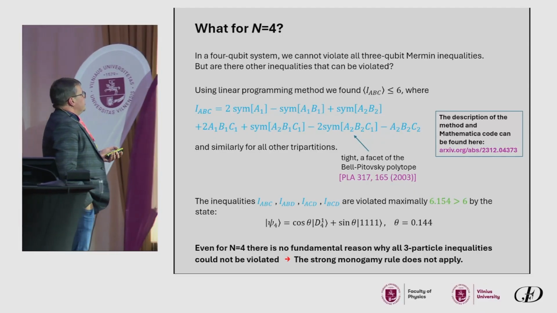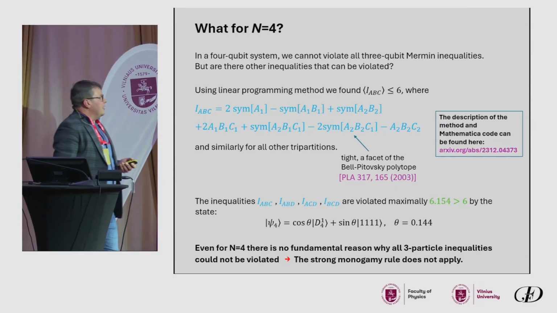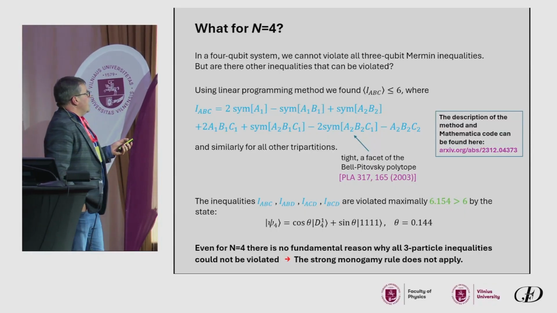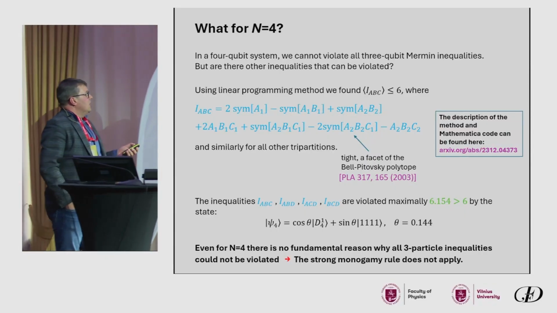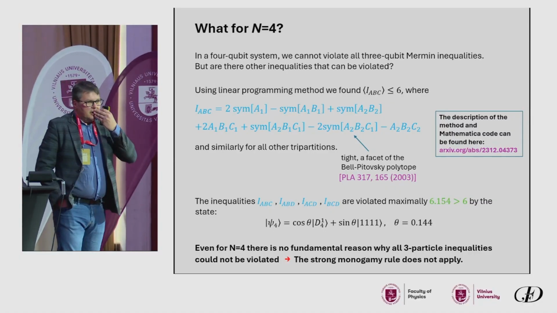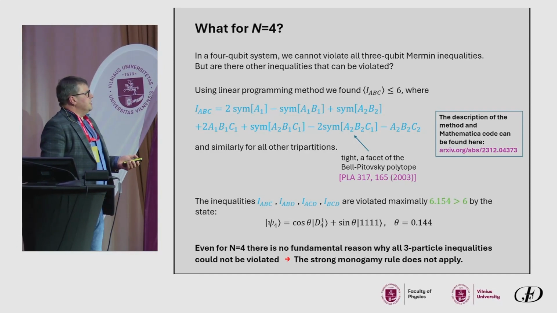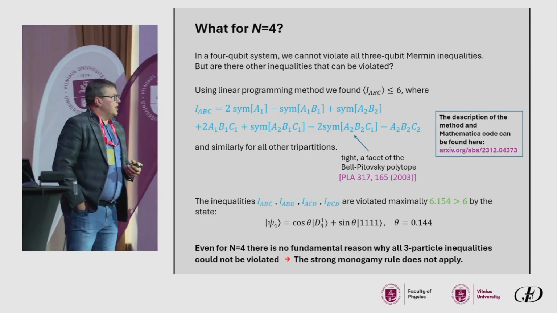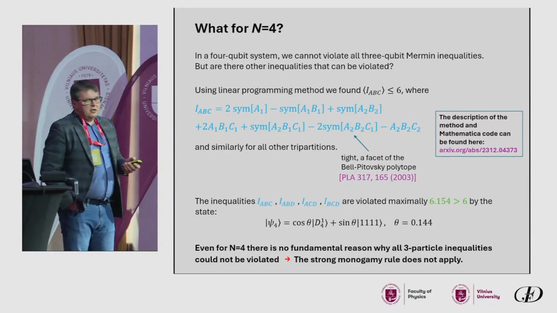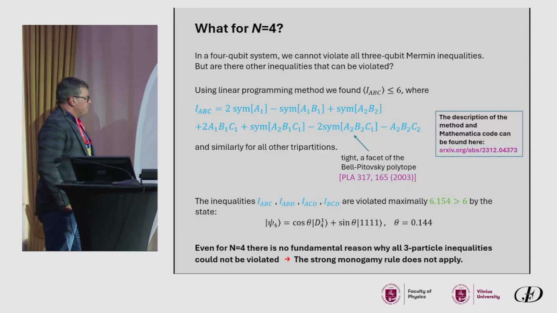And using linear programming method, we found such inequality for the partition ABC and similarly for other three partitions. If you are interested in it, you can find here the detailed description of the method and the Mathematica code to generate Bell inequalities.